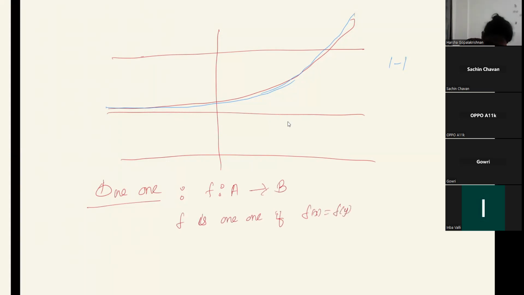Now onto means the range of f should be equal to B. That is, for all b in B, there should exist an a in A such that f of a equal to b.